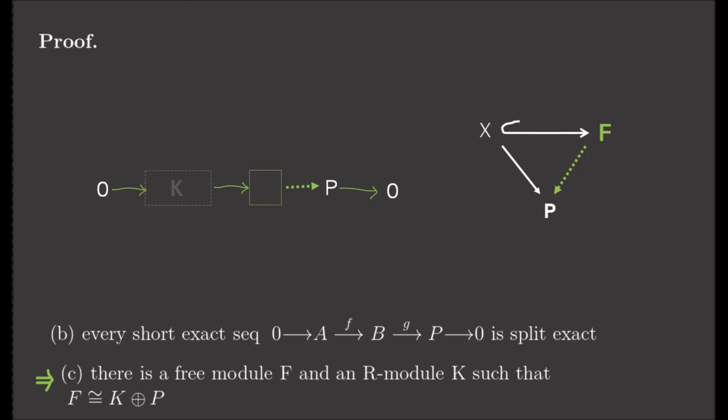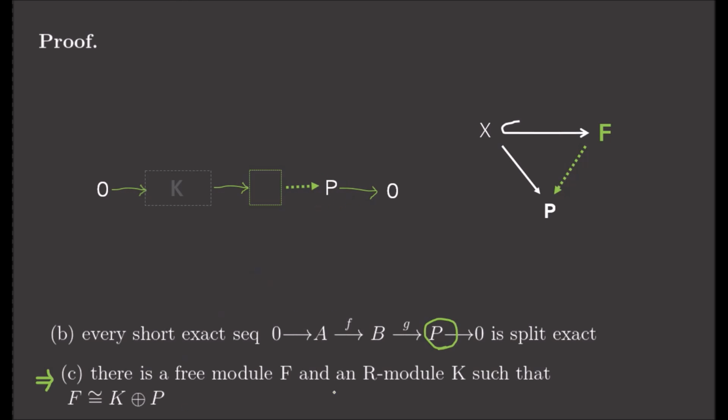Now let's see the statement from B to C. Our assumption is that every short exact sequence is split exact, and this P comes here.